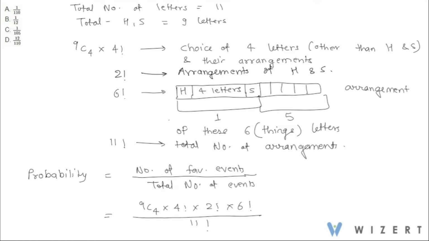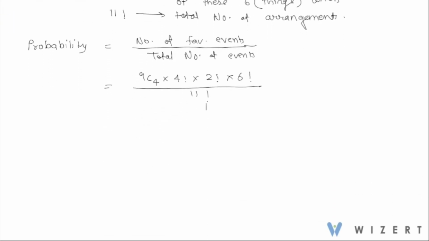Now 9C4 is nothing but 9 factorial divided by 4 factorial into 5 factorial, multiplied by 4 factorial multiplied by 2 factorial multiplied by 6 factorial divided by 11 factorial.